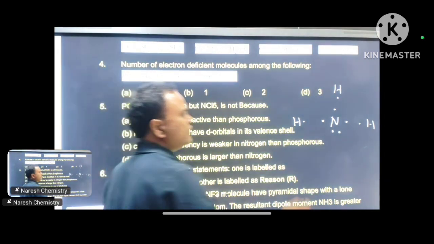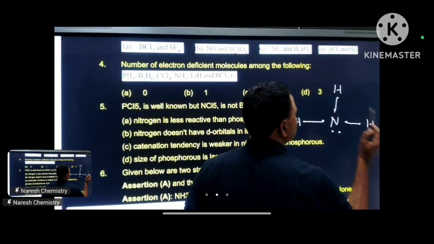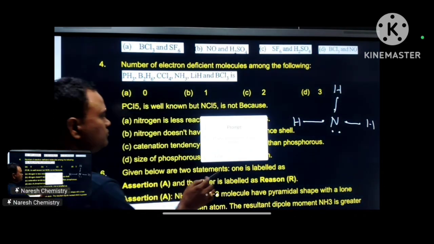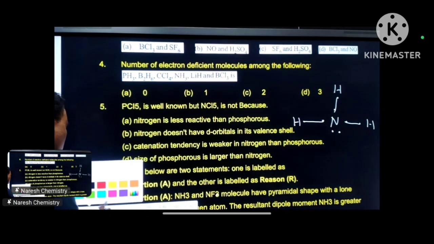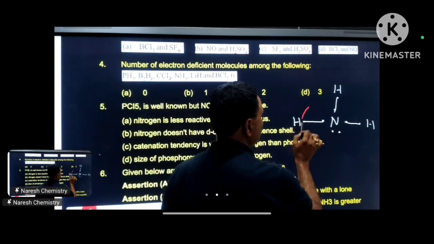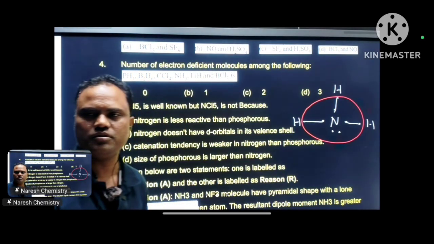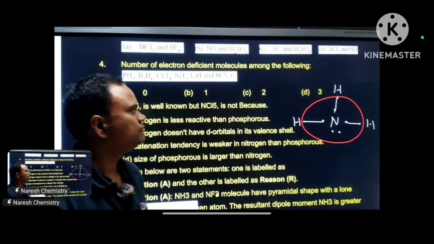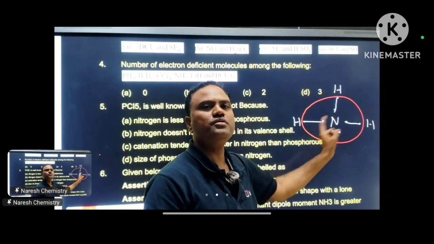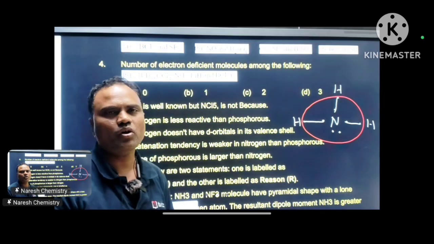After that, write one single bond between the central atom and the surrounding atoms, and draw the circle including all the bonds. 1, 2, 3, 4, 5, 6, 7, 8. 8 electrons are present, so ammonia also has an octet.